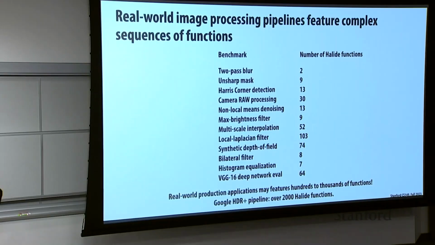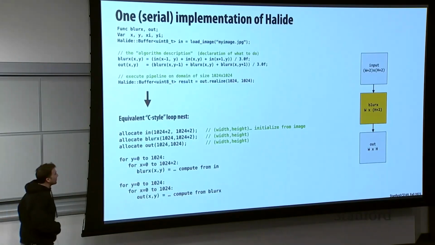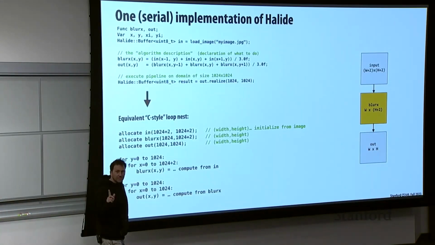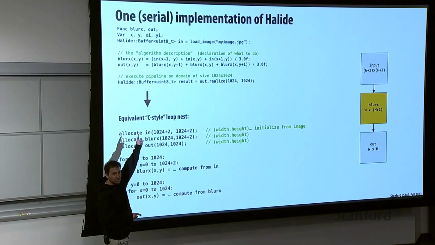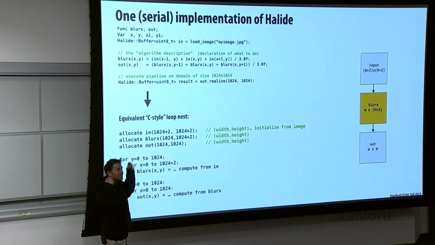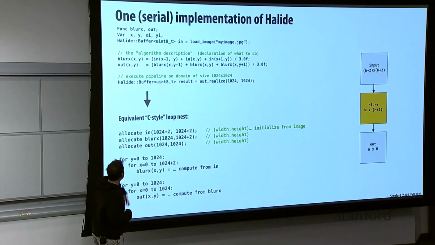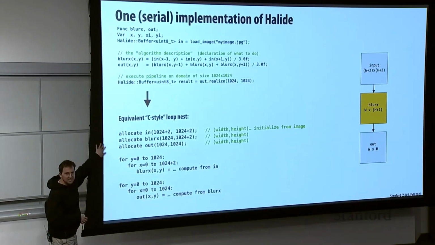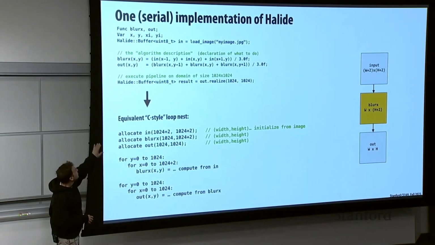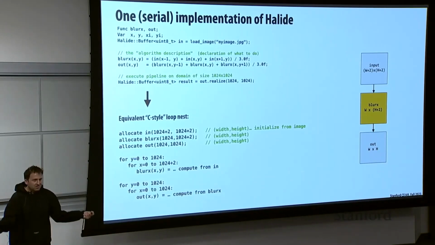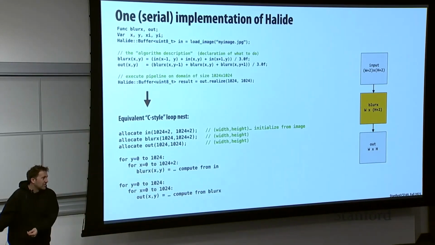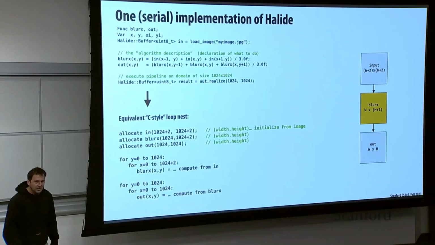So when you think about what this Halide program means, if you were the Halide compiler, you might in your head right now be thinking, okay, if this was my program at the top, what I showed you on the last slide, I'm mentally translating that program to this implementation in a C-like language. For every function, allocate an array, turning the function into a tensor, a 2D array or a matrix.